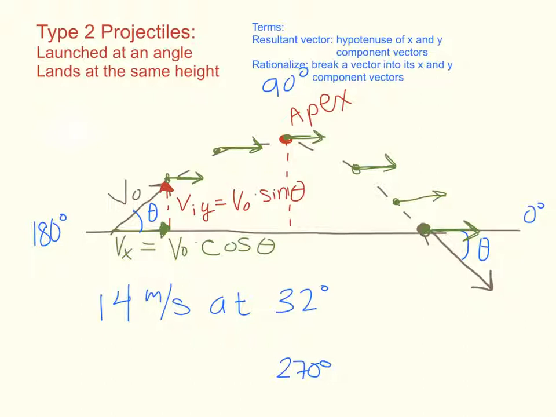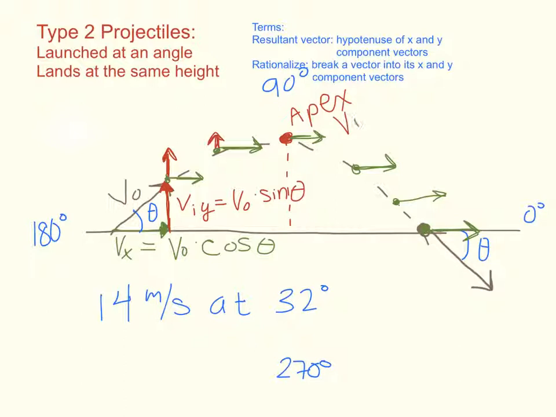However, my y velocity is changing. So we start out, it's this big piece right here. But as we go up, this velocity is getting smaller because it's slowing down. Smaller still. And then at the apex, that vertical velocity is 0.